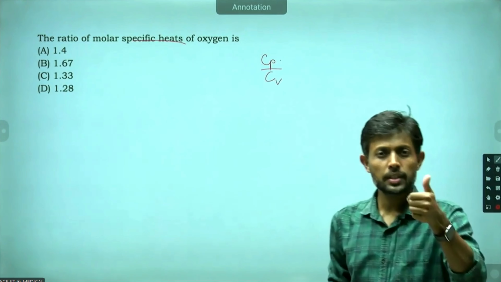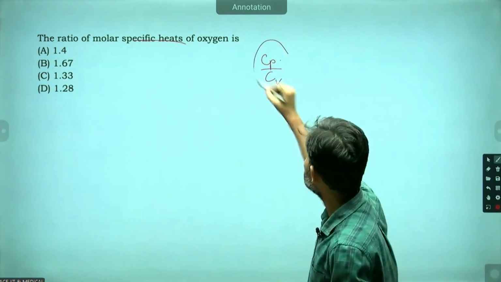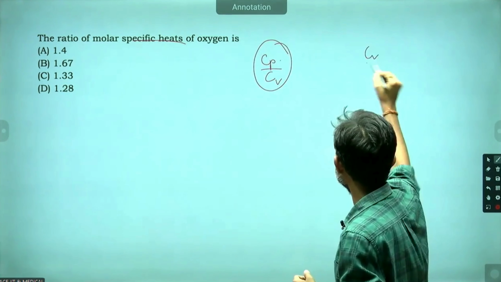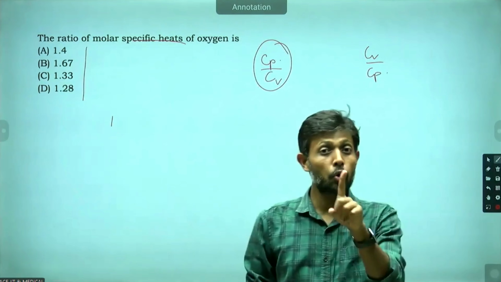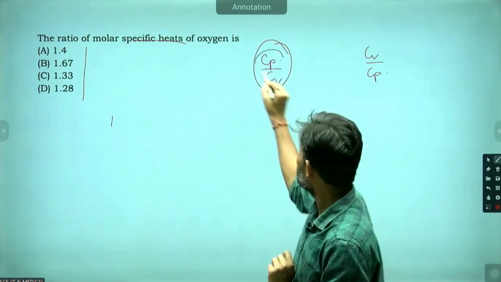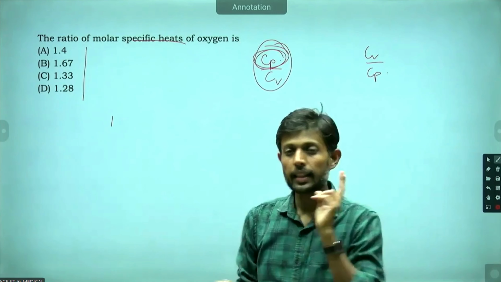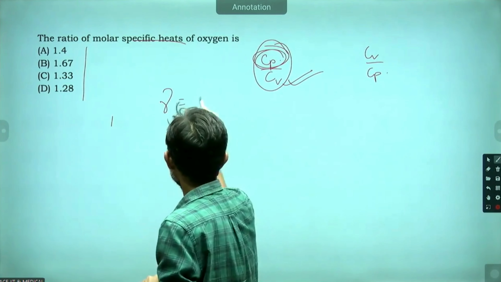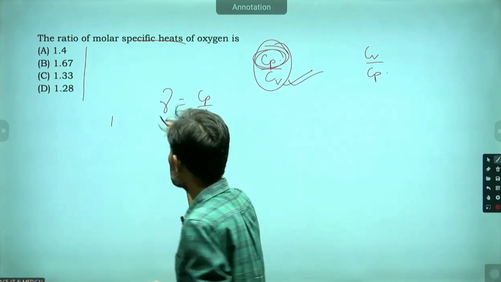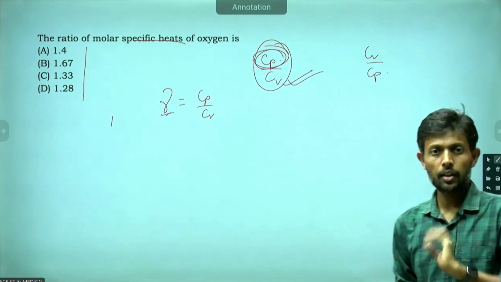Why not Cv upon Cp? Why did I say they're asking Cp upon Cv? Ratio can be Cv upon Cp also, right? As you can see here, all the ratios are more than 1. That means the numerator has to be bigger. And that is why I can confidently say that they are asking the value of Cp upon Cv, which is also called gamma, or the adiabatic constant.